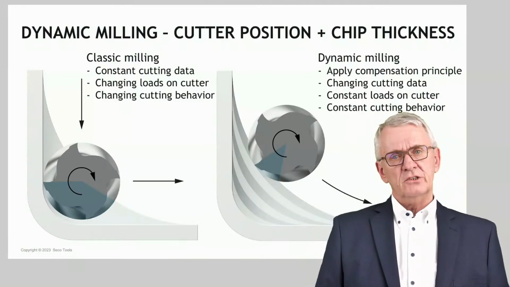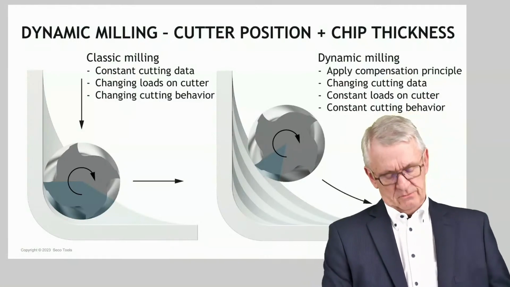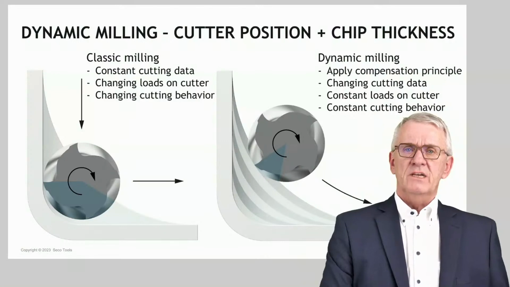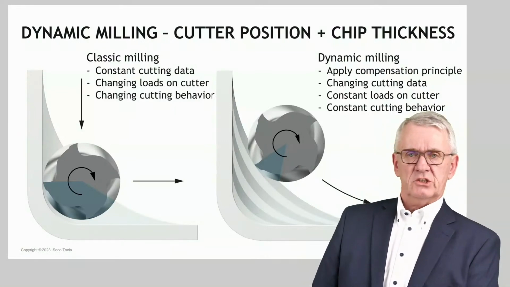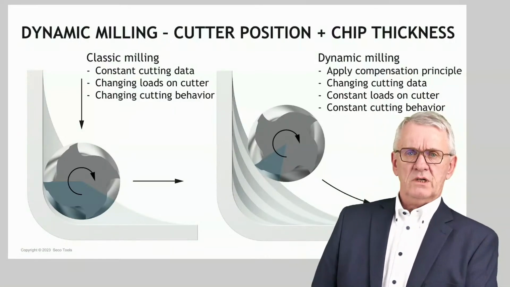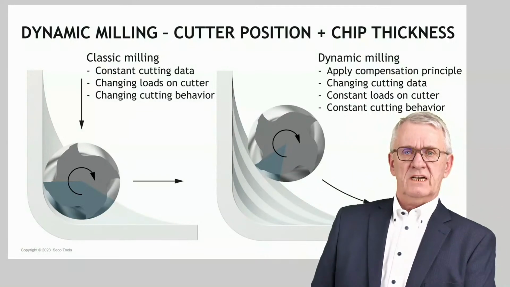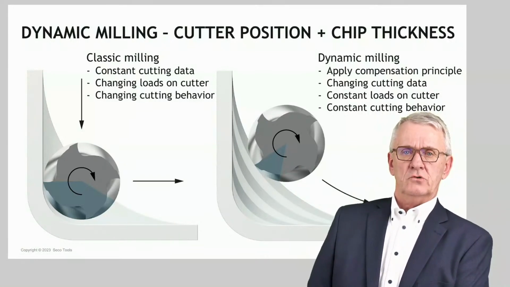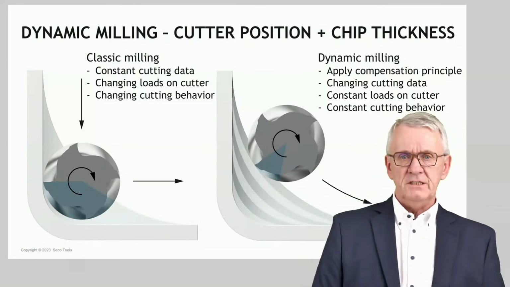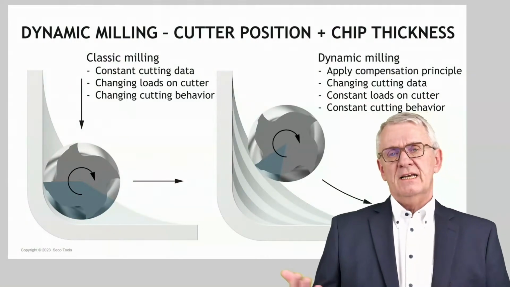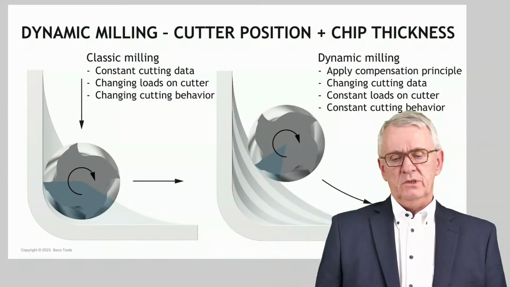It's reversing the situation. In the past, we said we have a fixed feed, and we accept that the chip thickness changes all the time. Today, more and more, we say, you know what? We want to have our chip thickness as constant as possible, and we modify the feed. And that is possible with the equipment we have today.